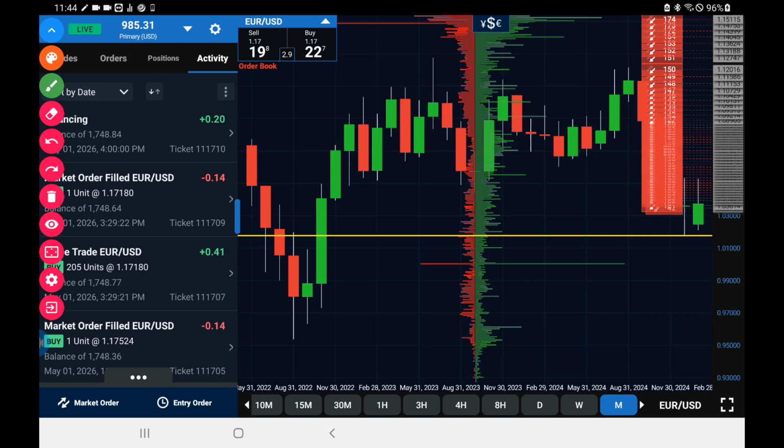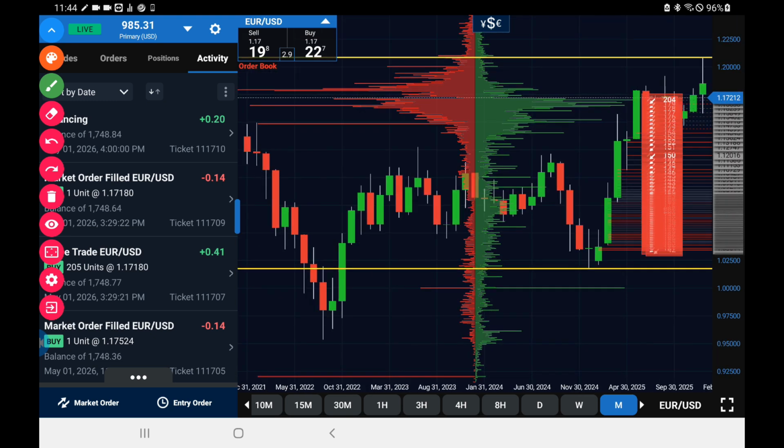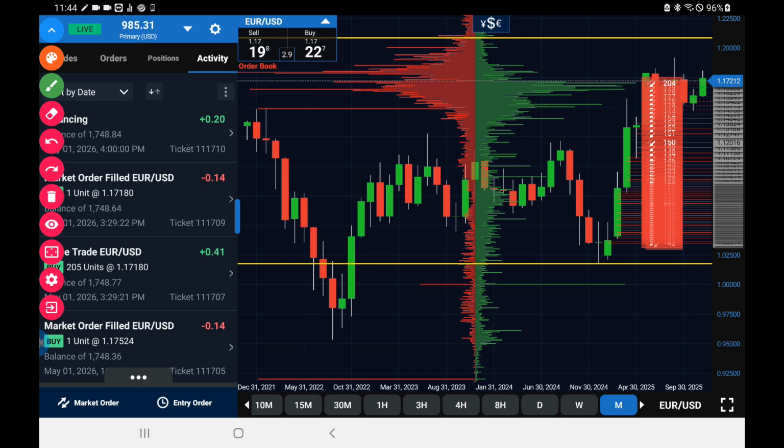We can see the last time the market did test the low range, which was back in May to October of 2022. The market did break the low. That's important, so we can see where the market is likely to have a potential for where it might go.